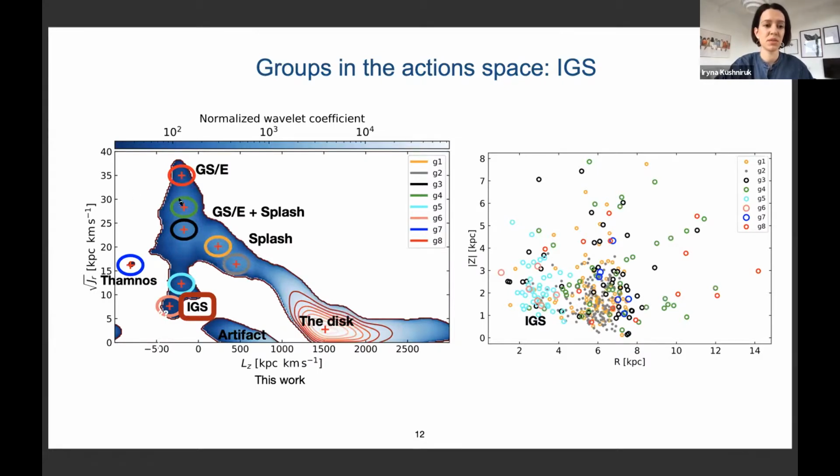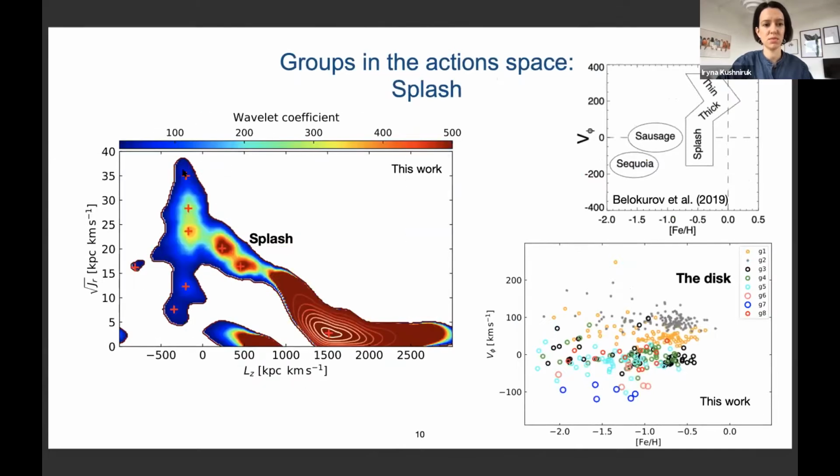As I mentioned, in this part we do see some stars that have Gaia Enceladus sausage-like kinematics and chemical patterns, but it's more contaminated by the splash. So we still think that there is some fraction of Gaia Enceladus sausage in this lower part, especially if we look at this different color scale. You can clearly see the double splash, and that it's somehow connected to this upper part, which we think is Gaia Enceladus sausage plus splash.